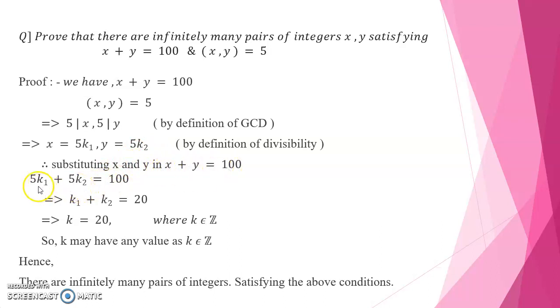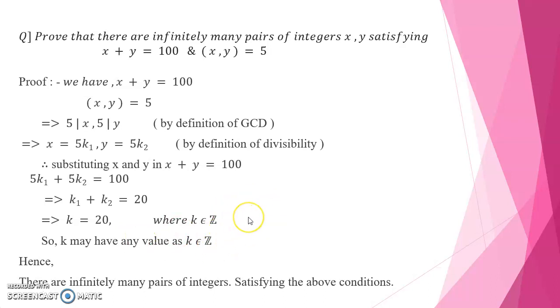So we have 5k1 plus 5k2 equal to 100, implying that k1 plus k2 is equal to 20. That means the sum of two integers is 20. There are so many values which satisfy this equation, so there are infinitely many pairs. If you consider 95 and 5, the GCD is 5. Similarly, you can take 85 and 15.